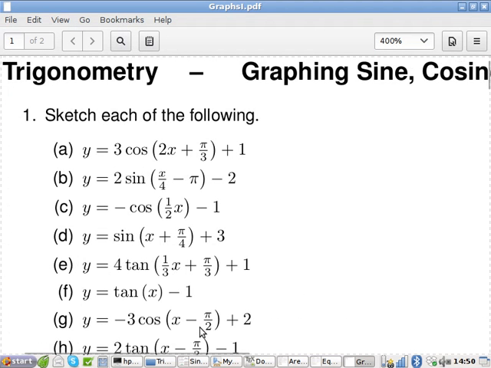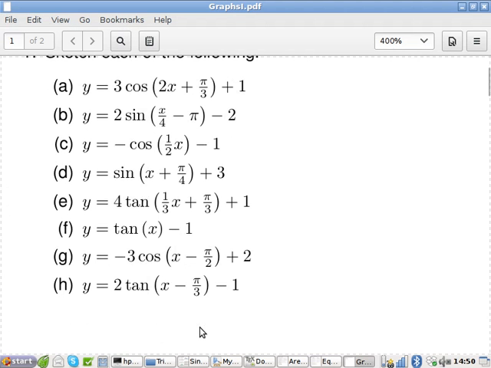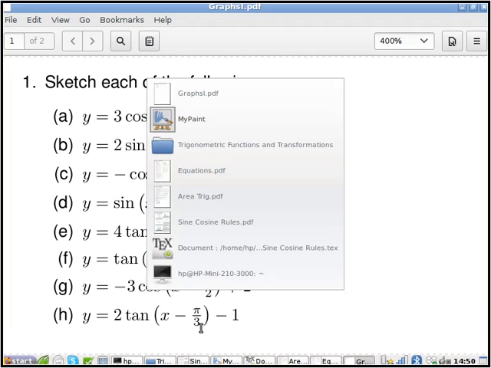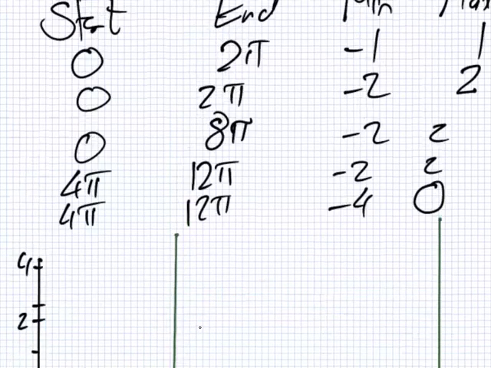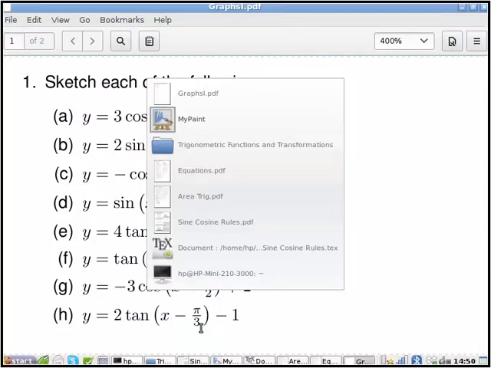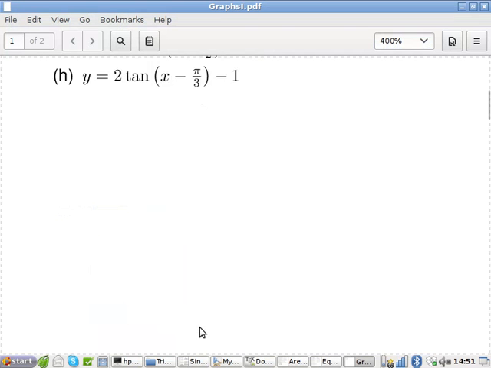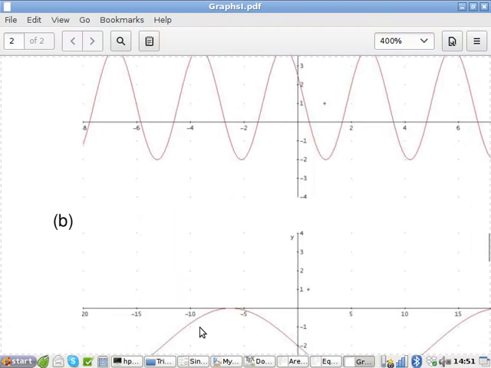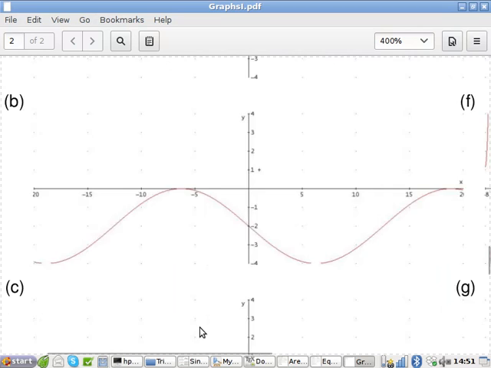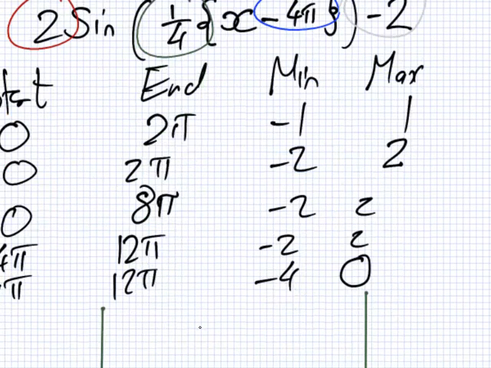Was I doing B? 2 sine x over 4 minus pi minus 2. Yeah, it was. Otherwise, my graph doesn't match up, so I've made a mistake.